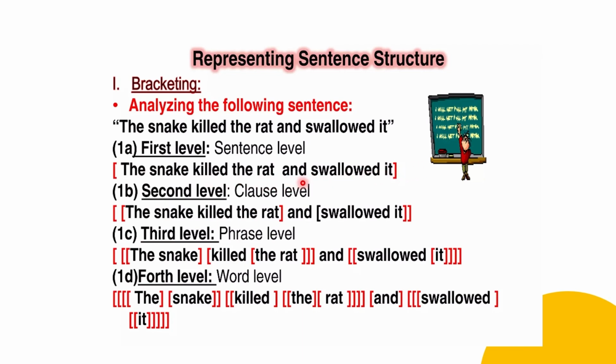These clauses are again going to be divided into different phrases, which is going to be the snake, killed the rat, with the rat being a subphrase of the second phrase, and swallowed it. So this is the phrase level. And again, dividing the phrases into different words, it's going to be the individual words or the tokens. So at the fourth level, it's going to be the, snake, killed, the, rat, and, swallowed, it. That is the last level.